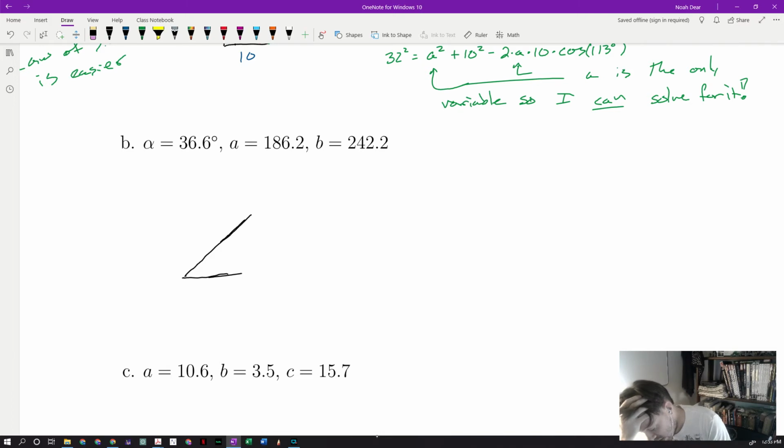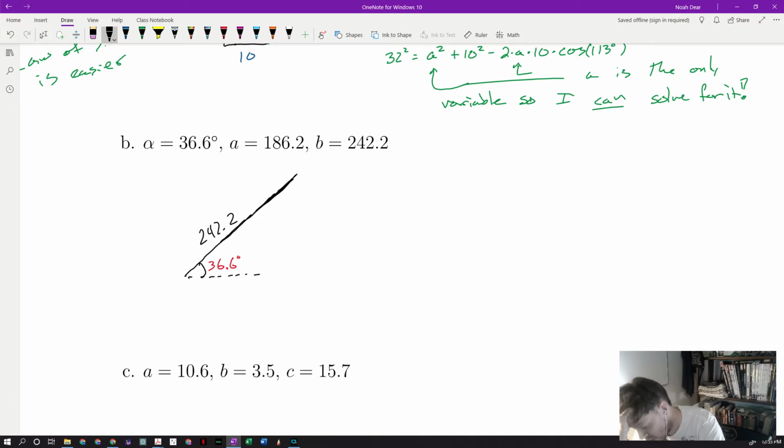If this is the side I don't know, if this is 36.6 degrees in red for alpha, A is going to be on the opposite of that. B is 242.2. Make that a little bit longer, just to give myself some room to draw.